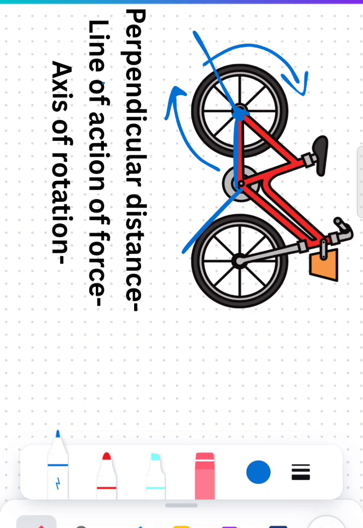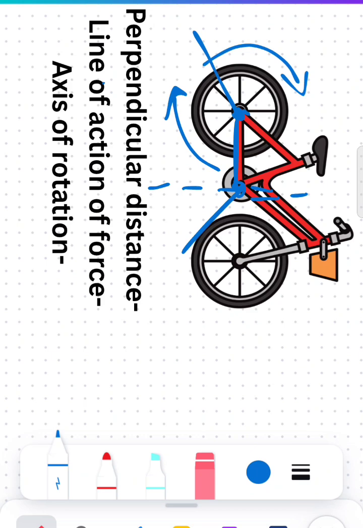Another word is line of action of force. It is the point where the force is applied. In the case of this bicycle, we are applying the force here, so this is the line of action of force. And the axis of rotation is the pivoted point around which the body rotates.